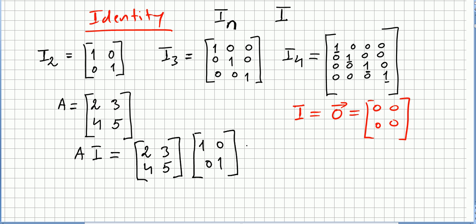Now you can do the multiplication. 2 times 1 is 2, 3 times 0 is 0, so you get 2. 2 times 0 is 0, 3 times 1 is 3, so you get 3. 4 times 1 is 4, 5 times 0 is 0, so you get 4. And 4 times 0 is 0, 5 times 1 is 5, so you get 5. So A times the identity gives you A. This is the identity for multiplication.